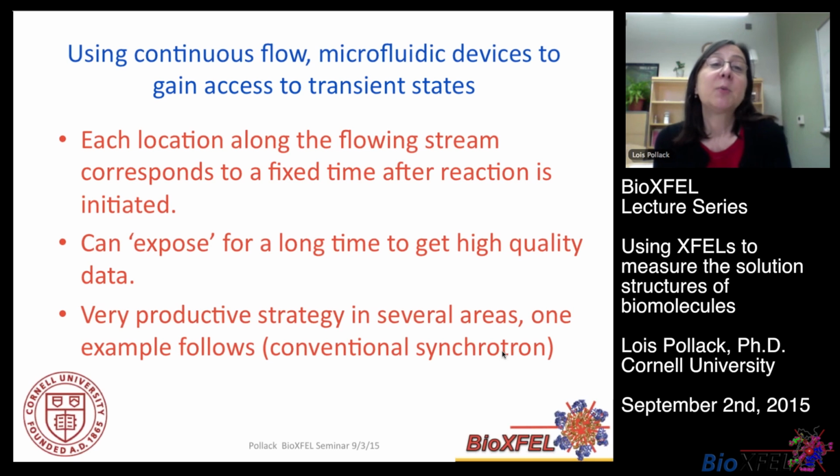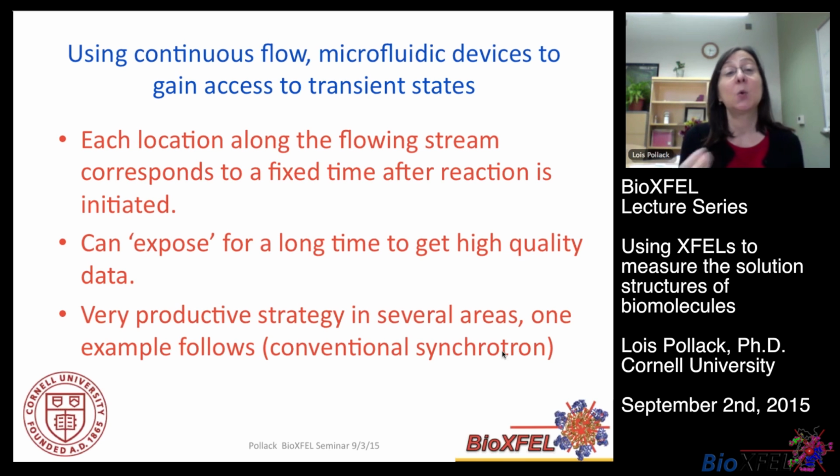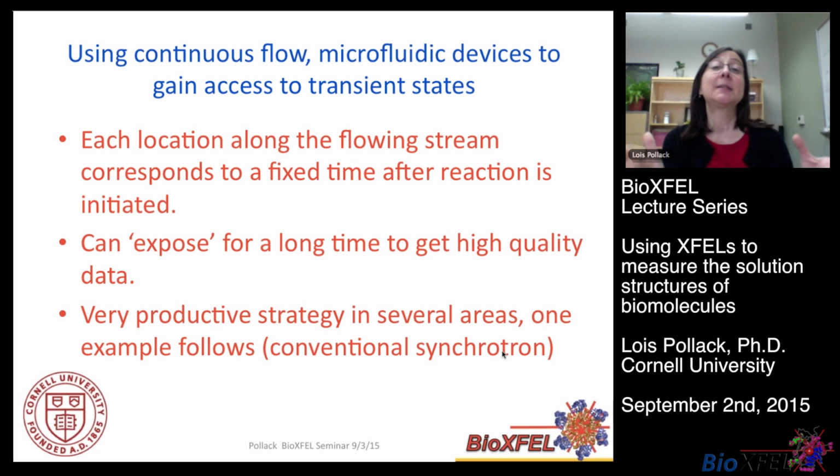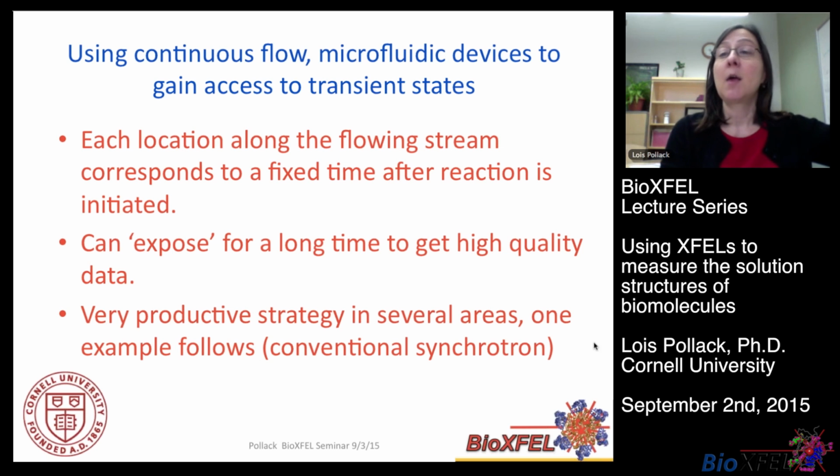So my group has really specialized in using these continuous flow microfluidic devices to gain access to transient or dynamic states. And the way this works is really quite simple. We have some kind of a mixer, or just some kind of a microfluidic channel where the molecules flow along it, and a reaction is initiated at some specific spatial location along the channel. This reaction can be the mixing in of a ligand.